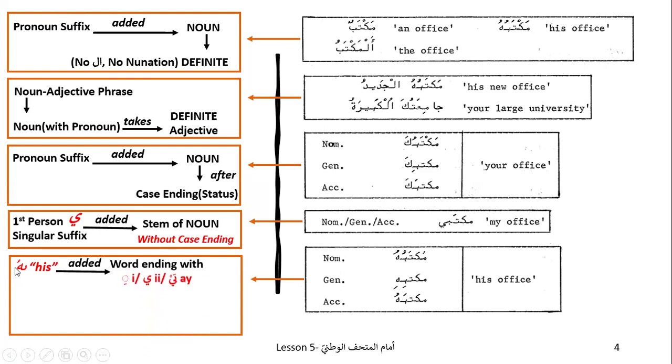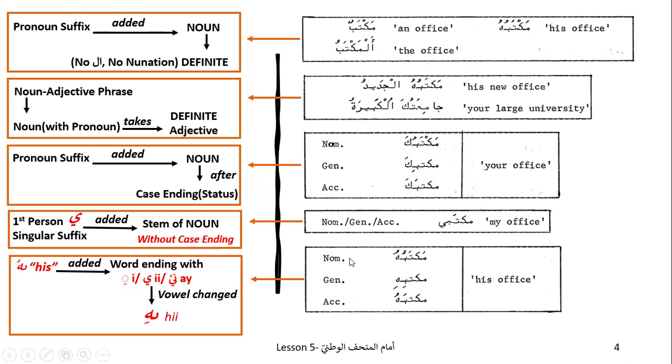But when you add it to a word ending with kasra, or a long i vowel, the vowel of hu is changed and it becomes hi, only when it is in the genitive case.